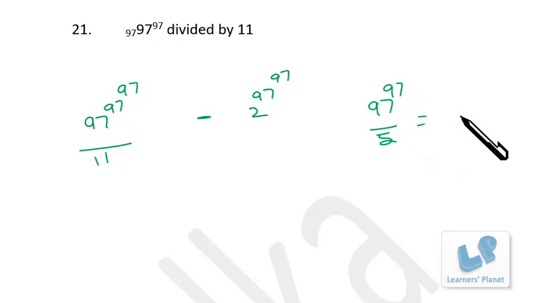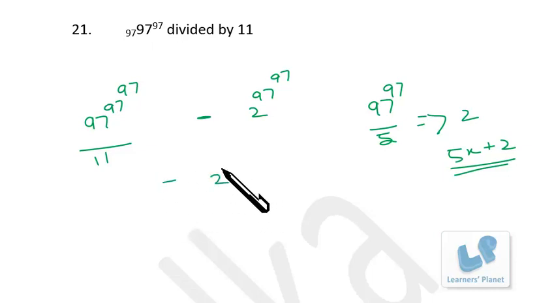So if 7 is at the unit place, the remainder will be 2, right? So 97 raised to 97, when divided by 5, the remainder will be 2. That means this is in 5x plus 2 format, right? So what we are getting, a minus over here, and 2 raised to 5x plus 2 format.